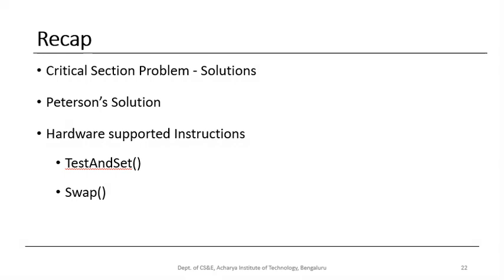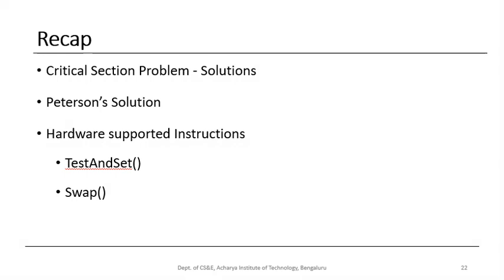And we discussed one of the software solutions for that and the hardware supported instructions which are available. Peterson solution is a software solution which meets all the requirements to qualify as a solution for the critical section problem.